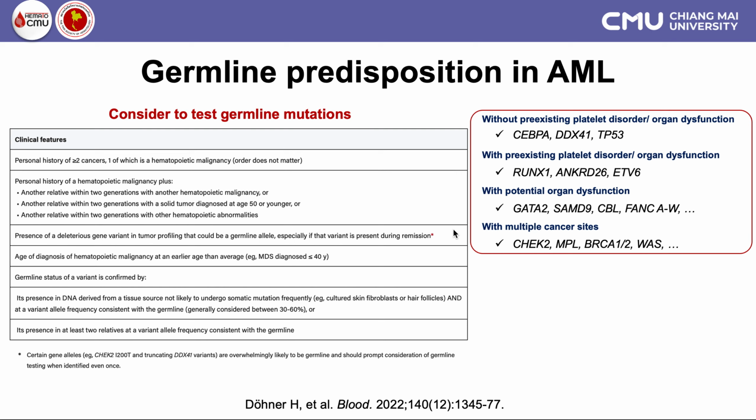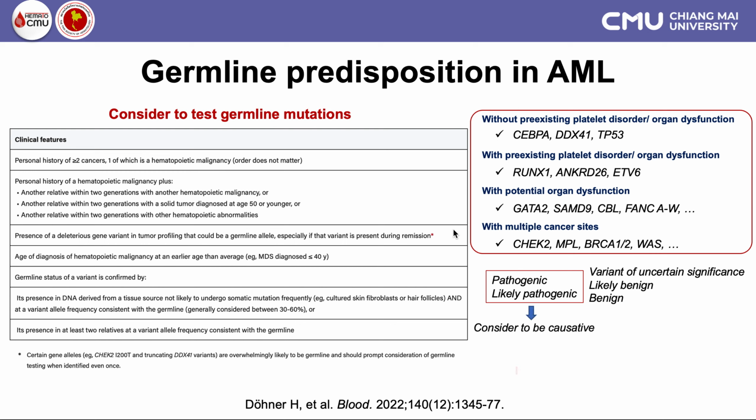A group of genes could easily be separated by organ involvement or pre-existing disorder. Variant scoring of pathogenic and likely pathogenic variants are considered causative, and the results have an impact on allogeneic stem cell transplantation in related donor selection and health surveillance of patients and their relatives.